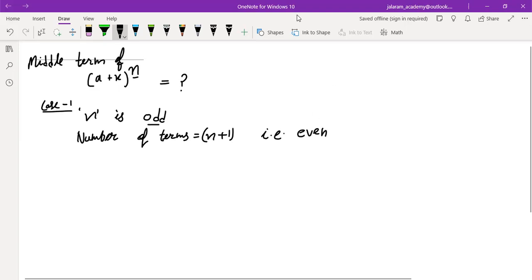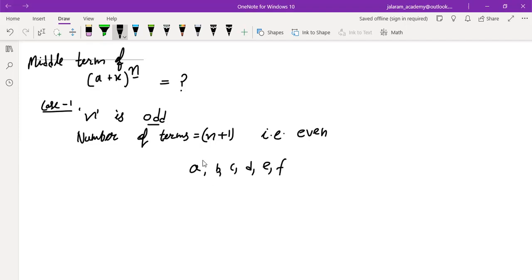So if there are n plus 1, that is an even number of terms, then there must be two middlemost terms. Look at this. If there are 6 terms, A, B, C, D, E, F, so first, last, second, second last. So there are two middlemost terms, C and D, that is third and fourth.